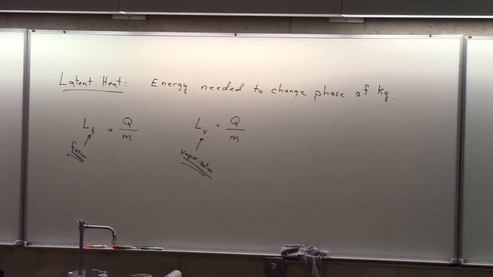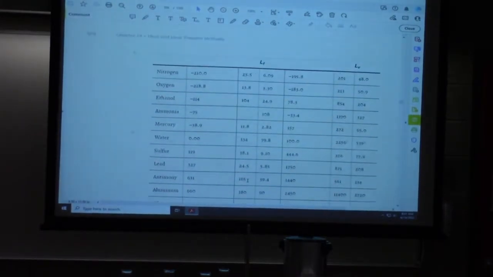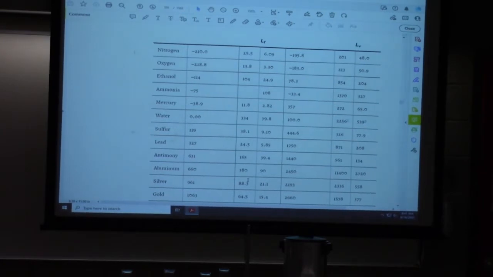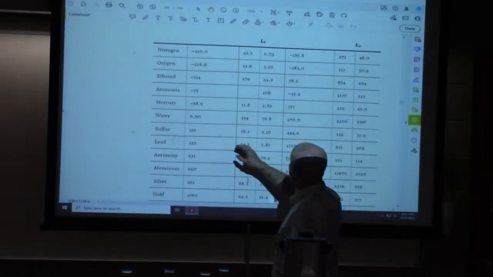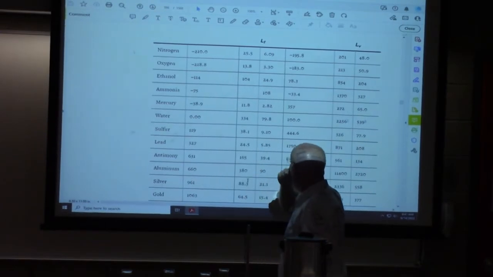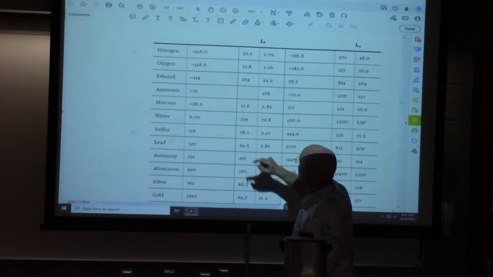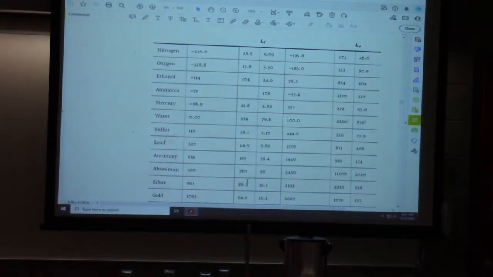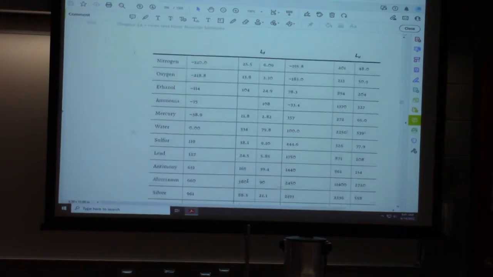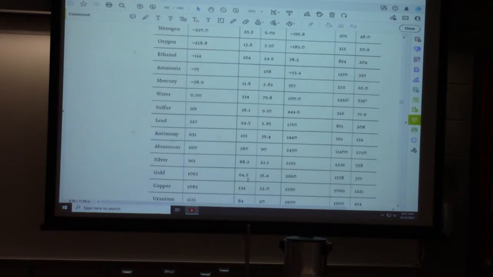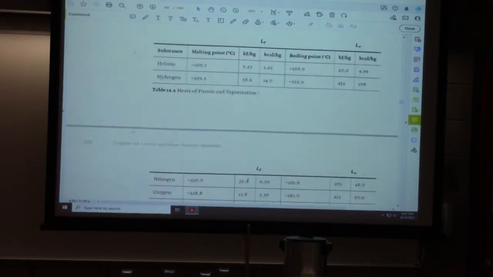And your author, of course, not a surprise, lists this in the table. And so where is water? And so water here takes 334. And let me scroll up here to do a better job of the units. There we are. I didn't go up high enough.